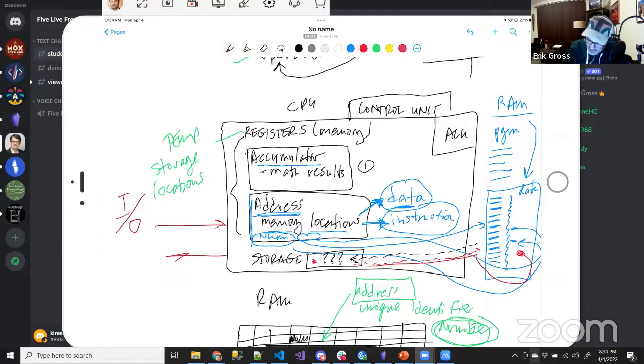We know it can be given a specific instruction on what to do with that data. Having been given that instruction, it can then get the actual data. And if it's a math operation, it can go over to the ALU, it'll do the math, and the answer will be stored here.